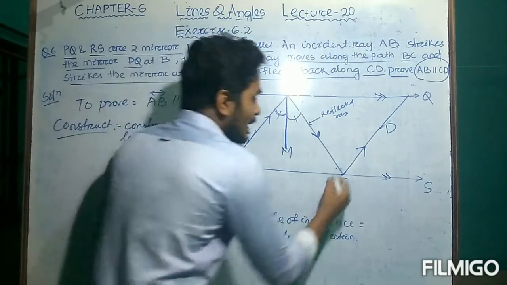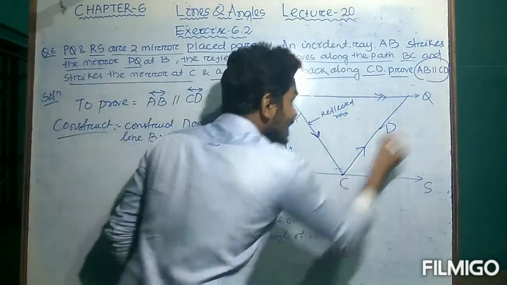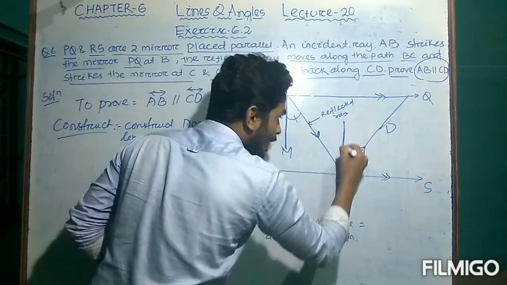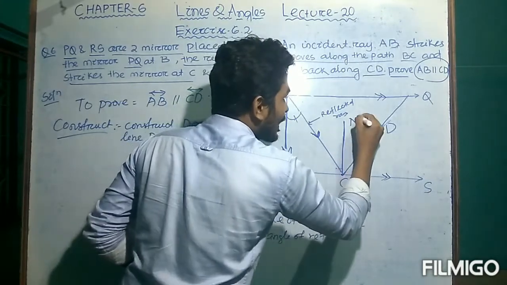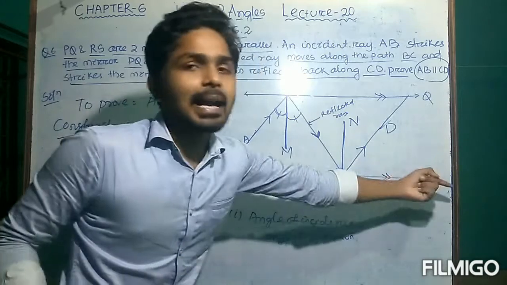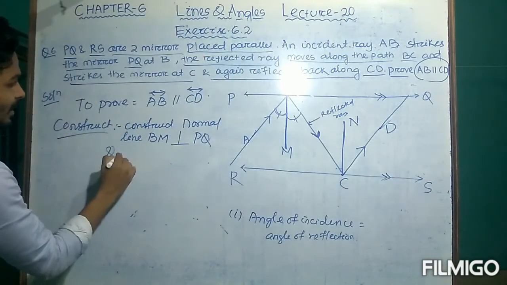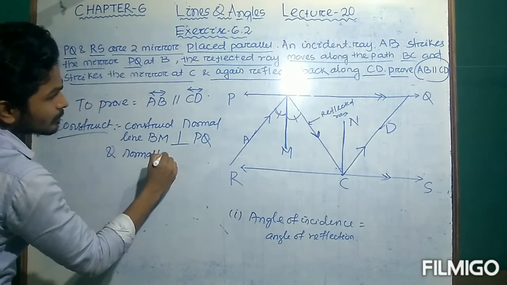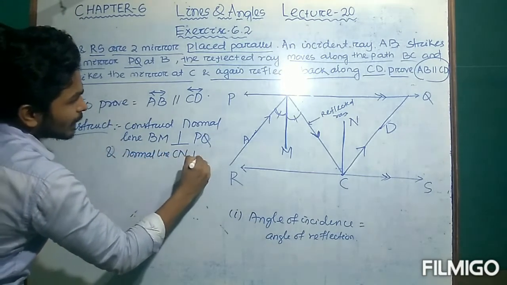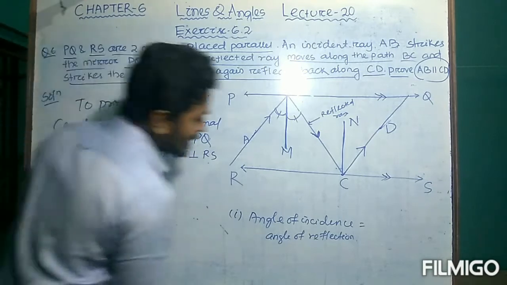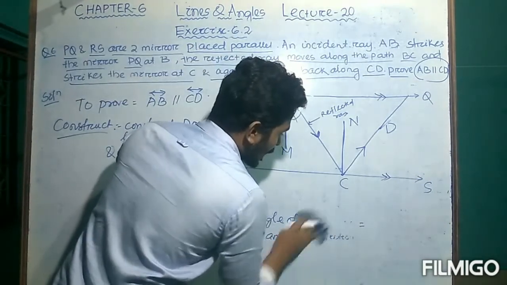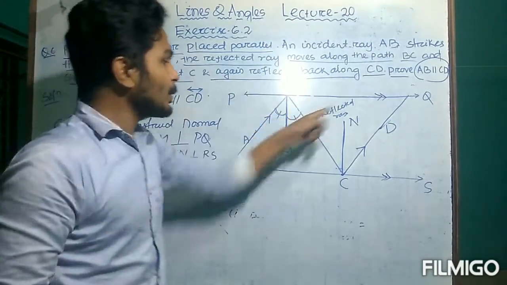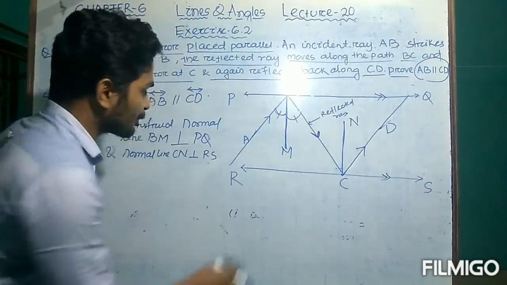Understood? Similarly, here also the ray is incident and it reflects. You have to draw another normal line CN, which is perpendicular to RS. So these are the two normal lines that are perpendicular to PQ and RS respectively.